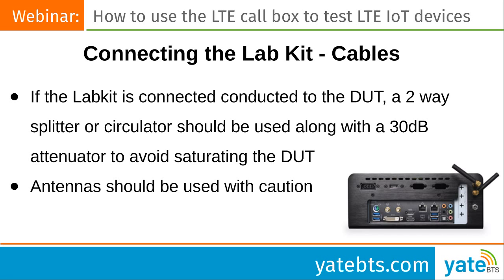So an alternate solution is to use a two-way combiner to connect the two RX and TX ports on the outside of the enclosure, and then hook up an antenna inside the enclosure. So this antenna will basically emanate radio waves inside of the enclosure, but they won't propagate outside. However, antennas should be used with caution. And David, I'll pass this back to you.